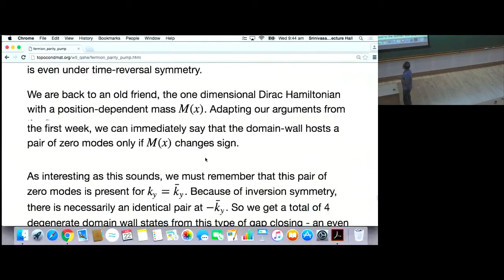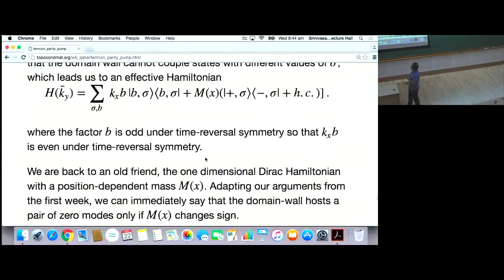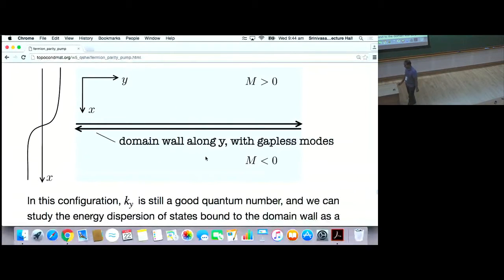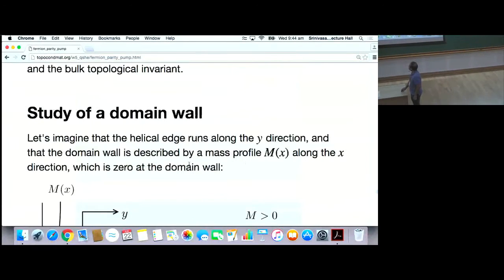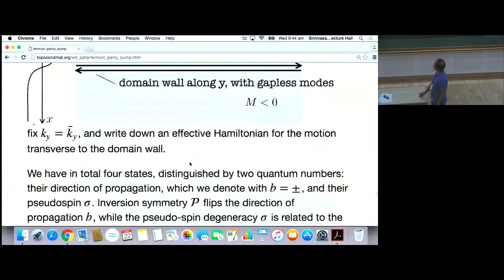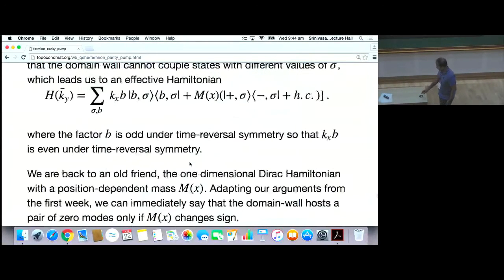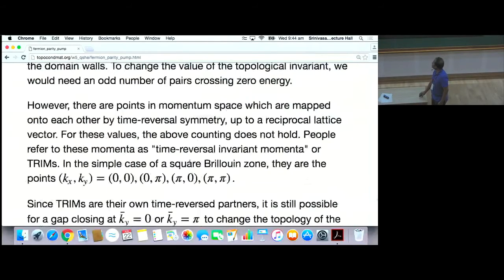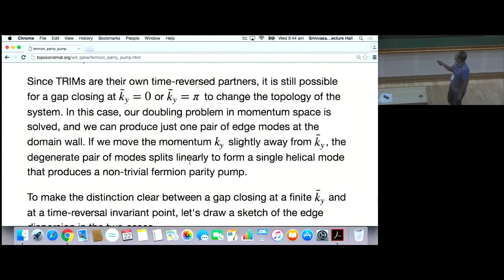So I have ky. Ky is a good quantum number, so I'm looking along this direction. Then basically I can use this Hamiltonian, right?